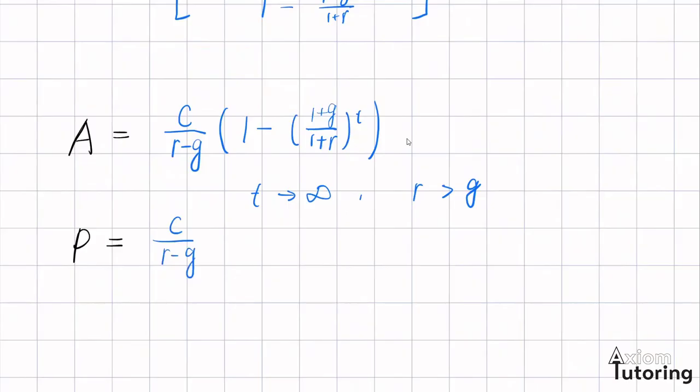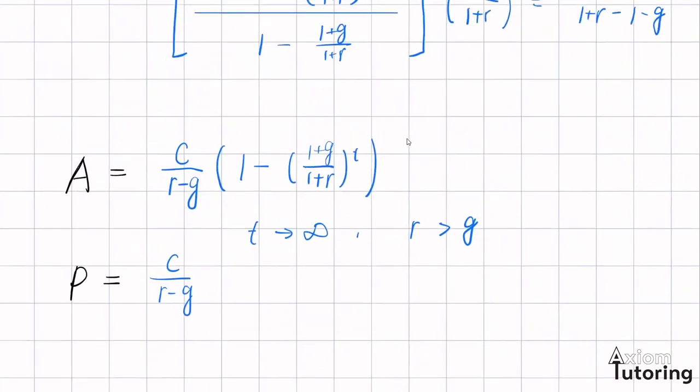Okay, and remember the assumption of r greater than g. So how do we comprehend this in an intuitive way? The discount rate is always greater than the growth rate, so the growth does not catch up with the discount. So the cash flows, no matter how they grow, are never going to catch up with discounting. They'll be smaller and smaller, so they'll converge to a single value. And that's why we can use C over r minus g.